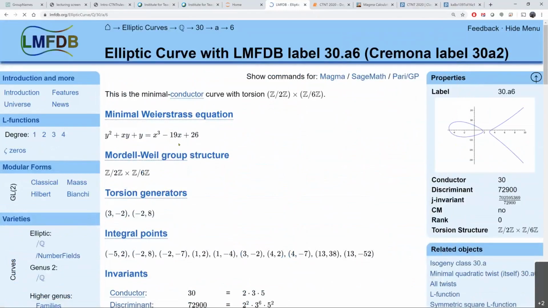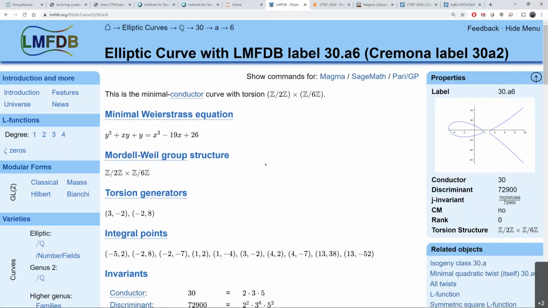By the way, there are other databases that predate the LMFDB, and one very famous one for elliptic curves, very well known, is the Cremona database. Cremona had his own system to label elliptic curves, which differs slightly from the one in the LMFDB. The LMFDB is perhaps a little more systematic, and so the LMFDB keeps track of both labels because they are both very common.